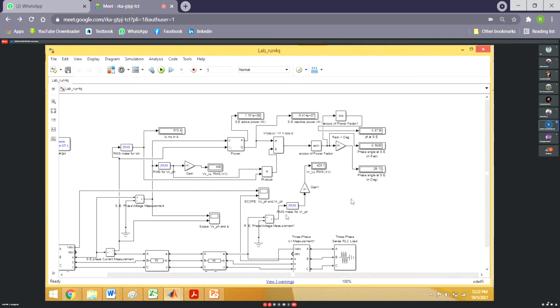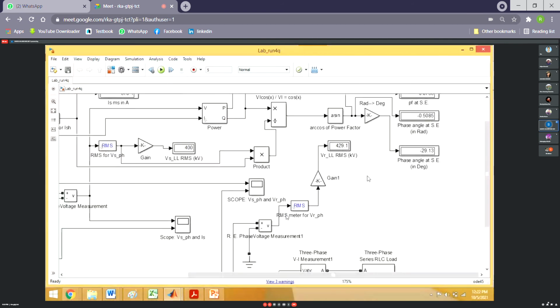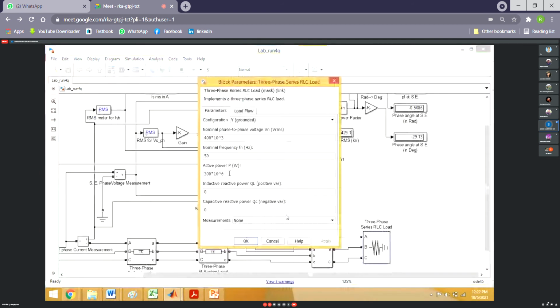Now you see, it is 400 megawatt at the sending end, but at the receiving end we are getting 429. But it may happen if you load it with 500 megawatt, still below 591.